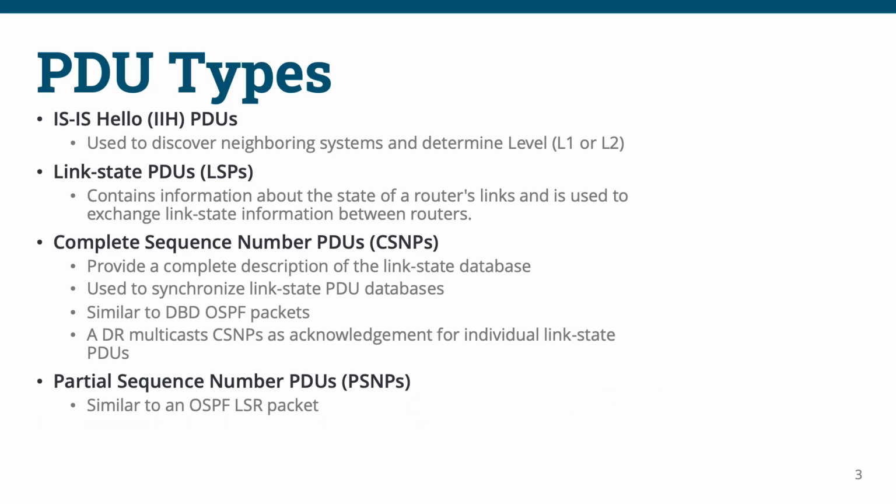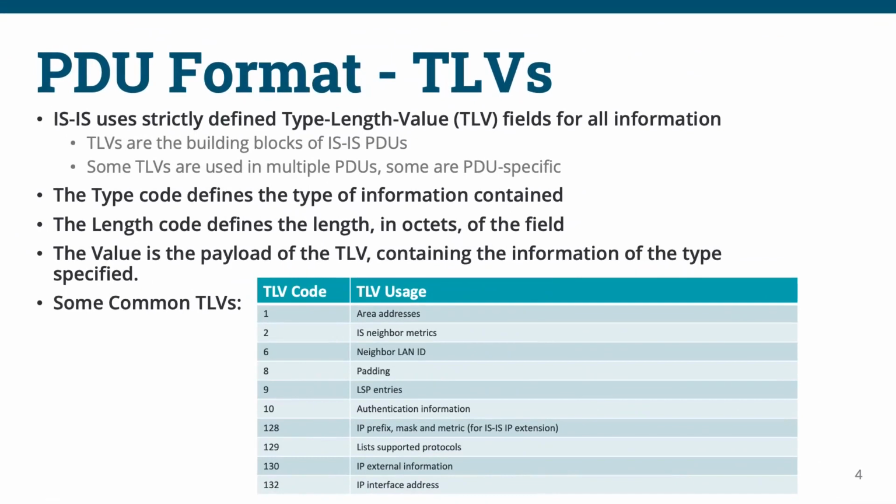Now, we've mentioned the usage of type length value fields, or TLVs, in ISIS a few times. Let's take a closer look at the type of TLVs that are available and how they're used. All information exchanged between ISIS speaking routers are contained in TLVs.